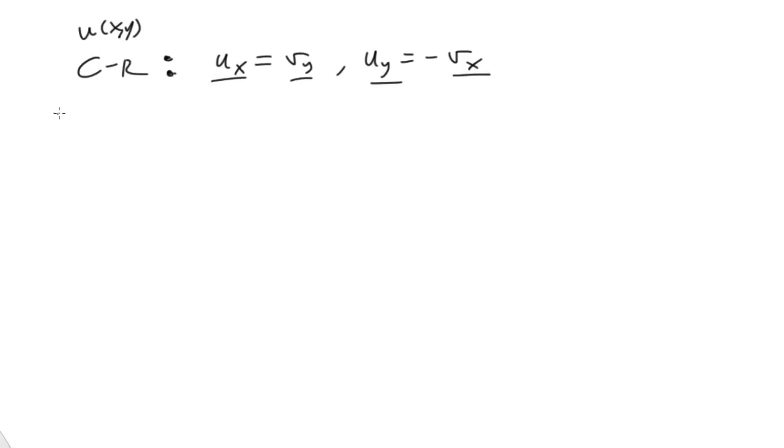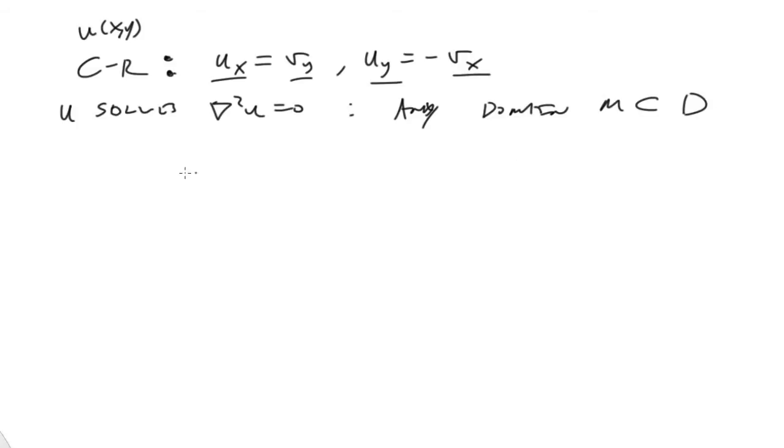All right, so first of all, let's understand what it means if u solves Laplace's equation. It means that for any domain, I'll call it M, inside our big domain, the following is true.